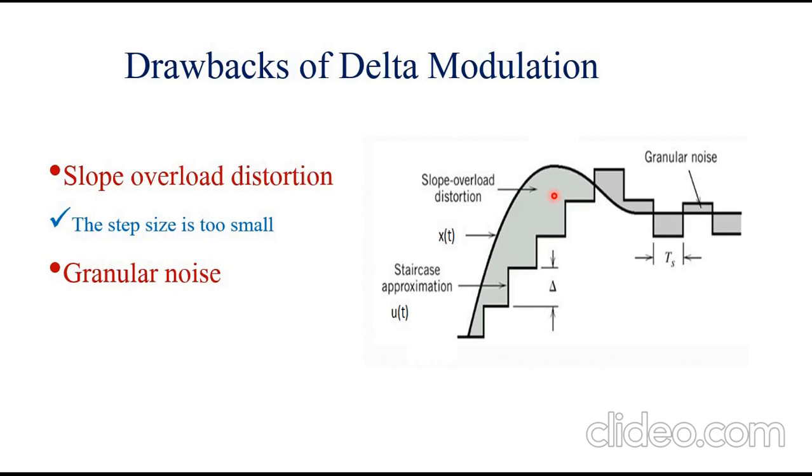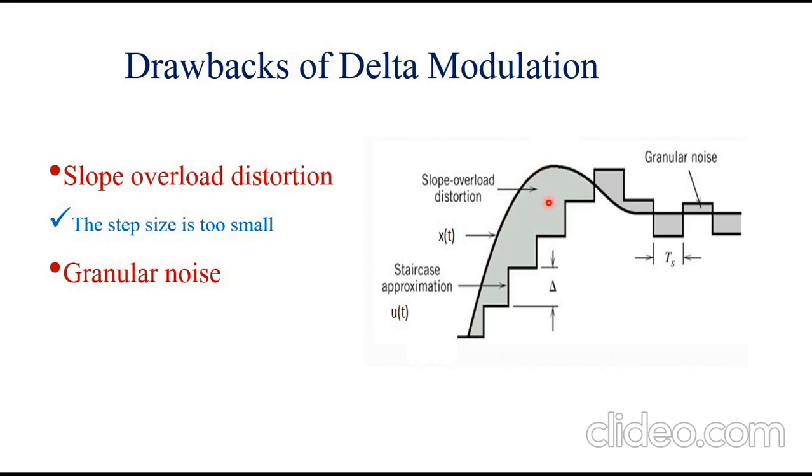So basically in slope overload distortion, the slope of input signal x(t) is so high that the staircase signal cannot approximate it. The step size delta becomes too small for the staircase signal u(t) to follow the step segment of x(t), so there is a large error between the staircase approximated signal and the original input signal.